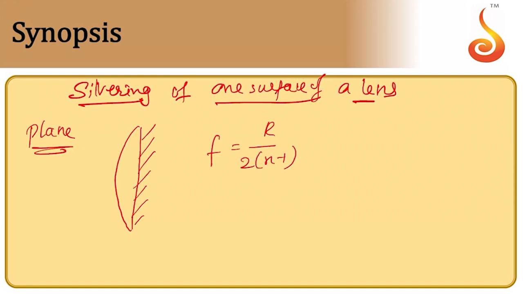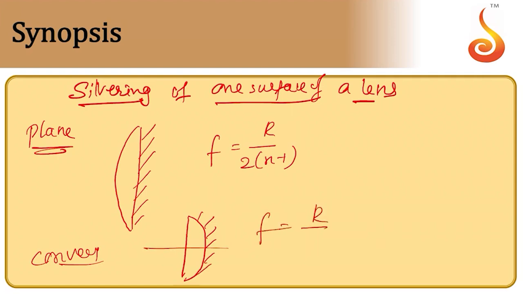And if the convex surface is silvered, for example, let me draw the diagram like this, then the focal length is given by r by 2n.